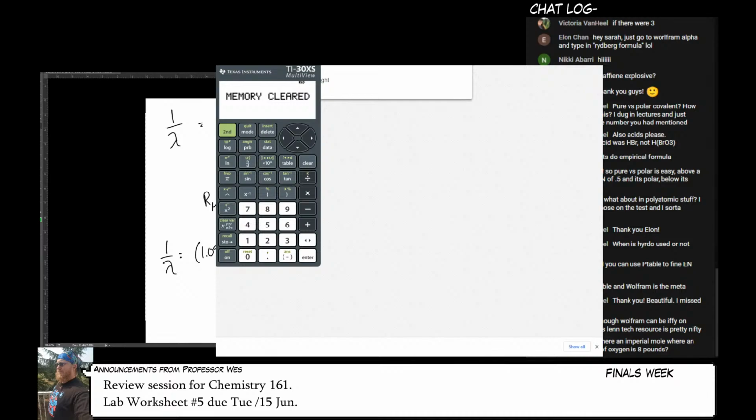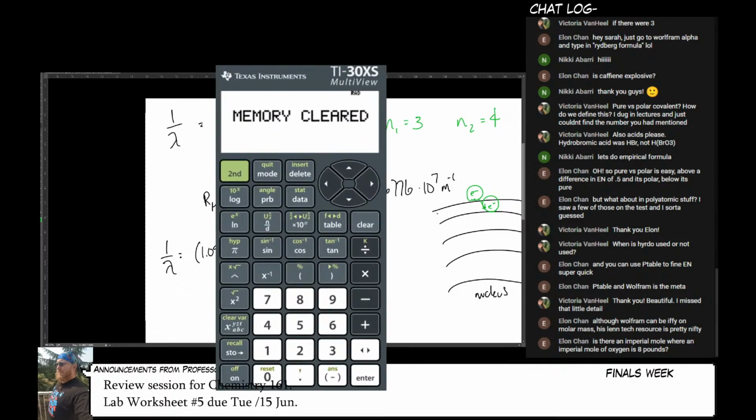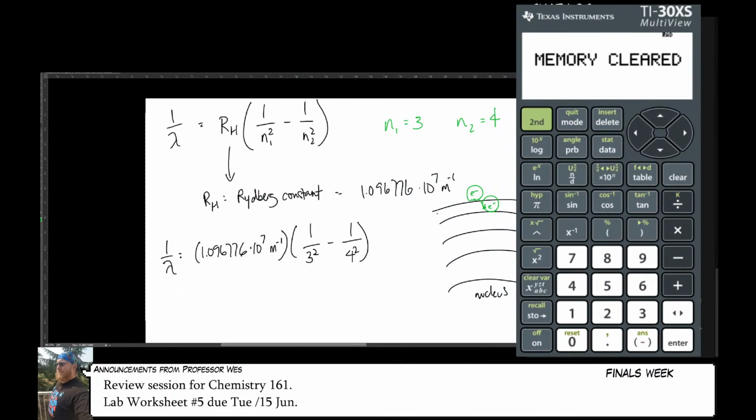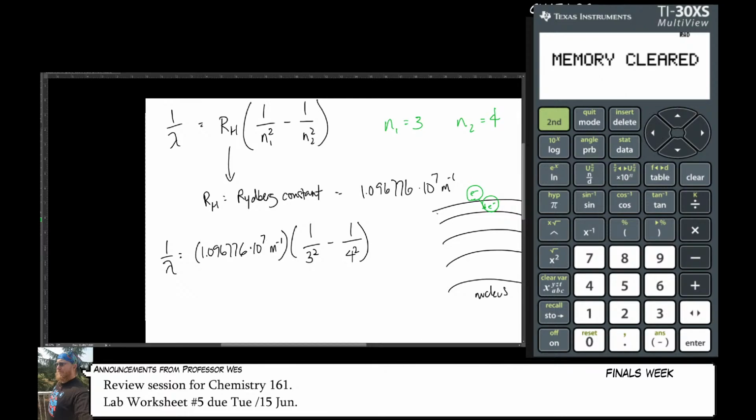I know a lot of people have trouble typing this in their screen. So now the chat is a calculator. So if we want to calculate this number, I could just do this.